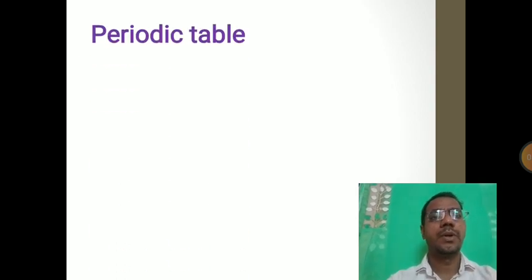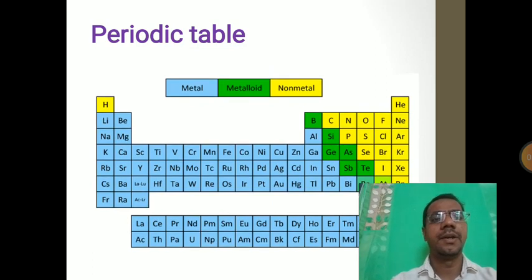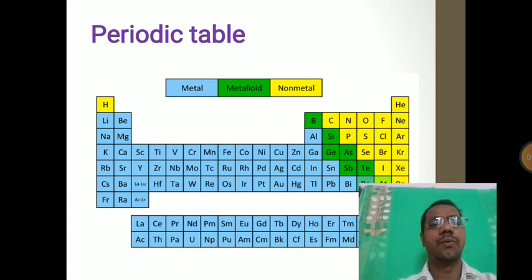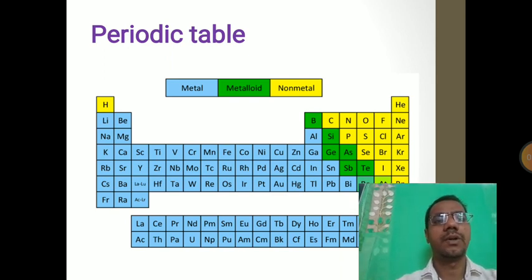So, the periodic table. In our chemistry, the periodic table is one in which the elements are arranged in a specific manner. If we see, we have different colors in the table. You can easily see, the blue color is for metals, the green color is for the metalloids, and the yellow is for the non-metals.